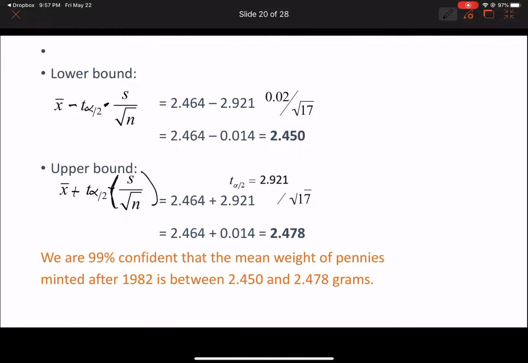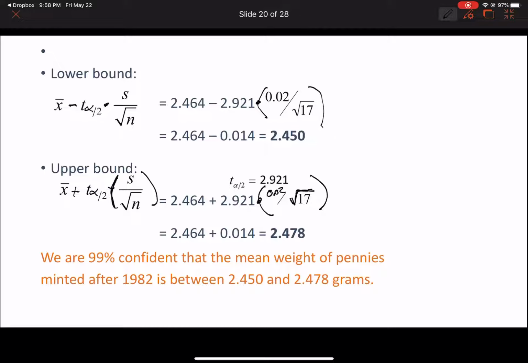So we're going to do 2.464 times 0.02 divided by the square root of 17. And then here is also times 0.02 over square root of 17. And so just do that math and you get 2.464. I'm going to put this in parentheses. It might be a little bit easier to read.